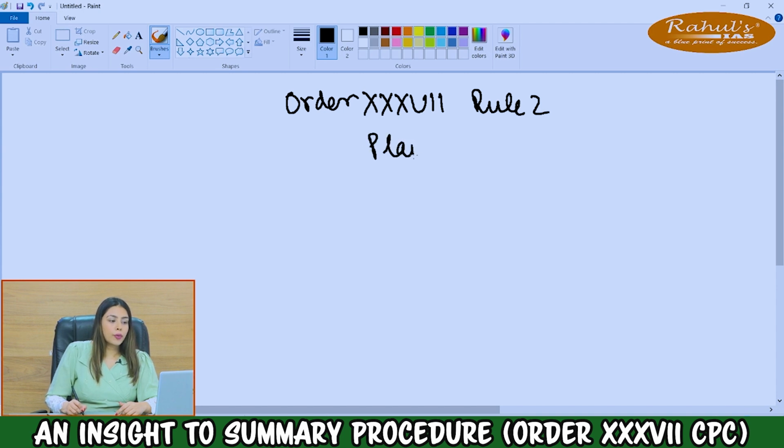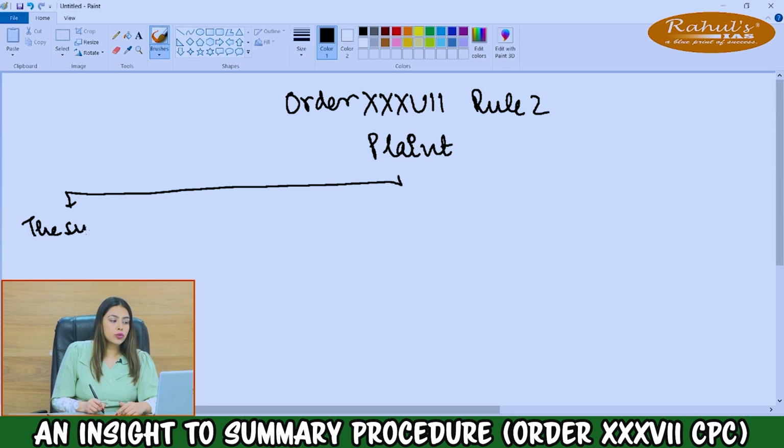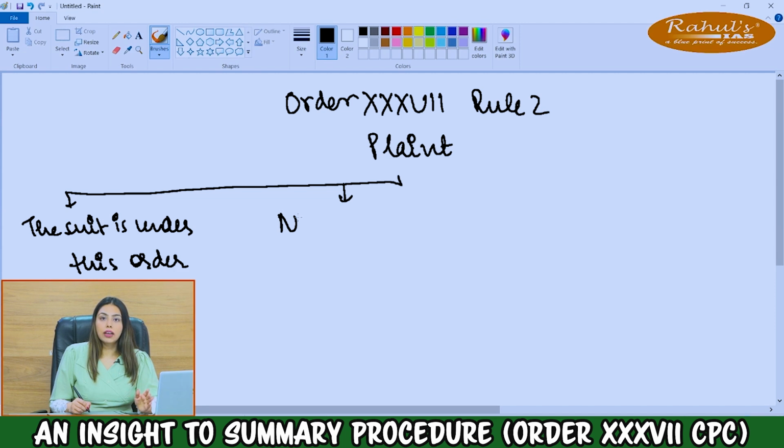So the requirements that are to be mentioned in the plaint, firstly, that the suit is under this order. Second, no reliefs other than reliefs under this order have been claimed.